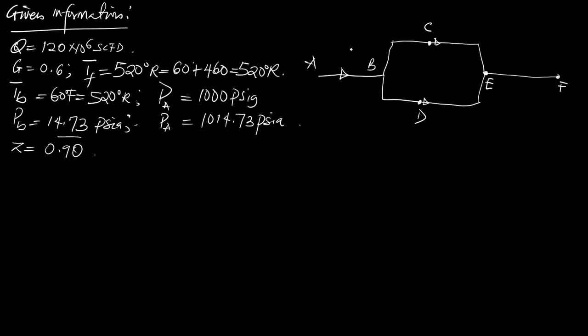Now this segment AB is 10 miles and the nominal pipe size is 16 inches. It has a thickness of 0.250 inches.